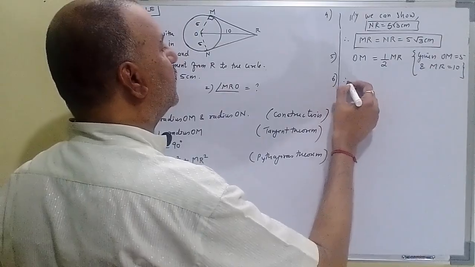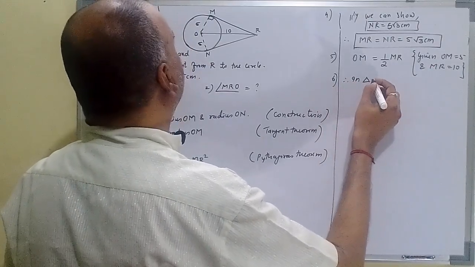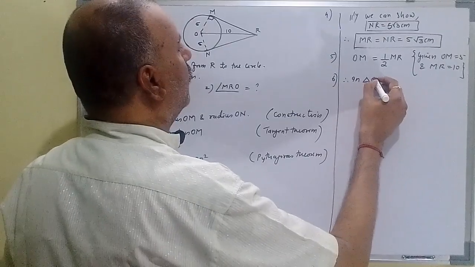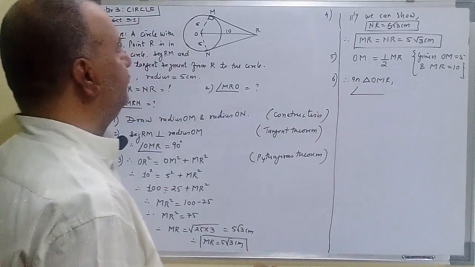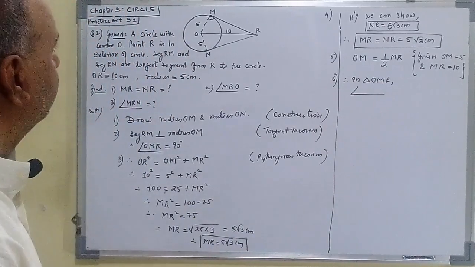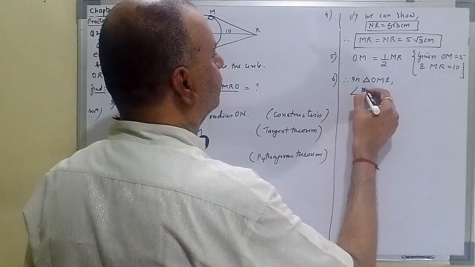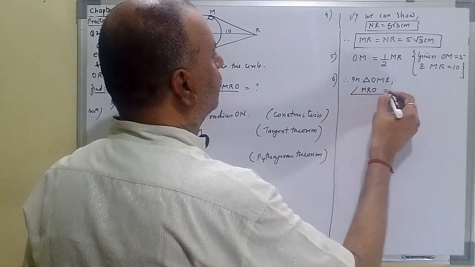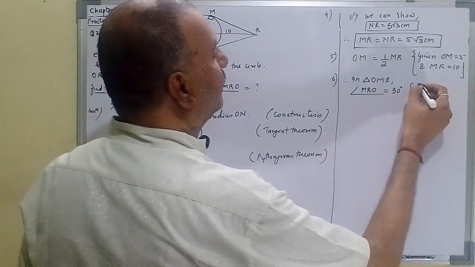Statement number 6. Therefore, in triangle OMR, angle MRO is 30 degrees. What is the reason?